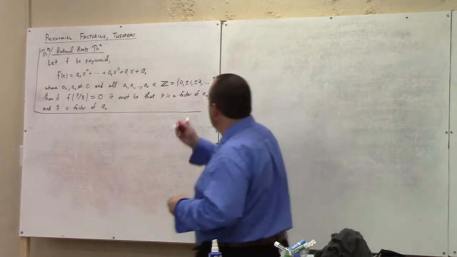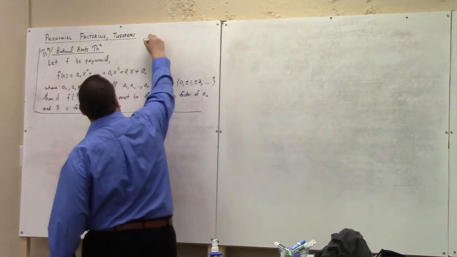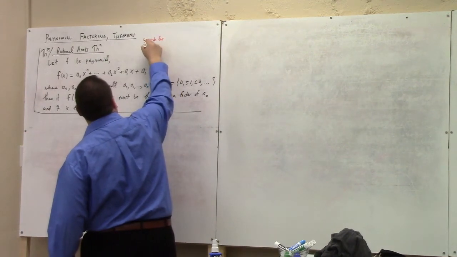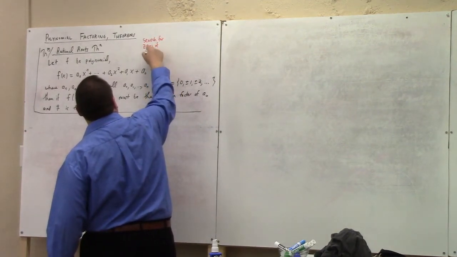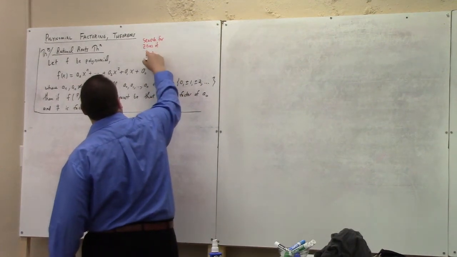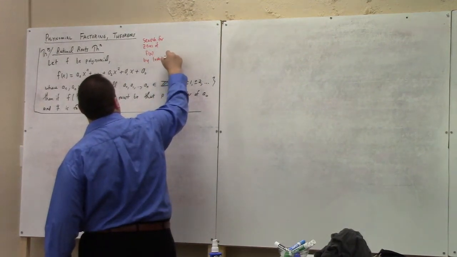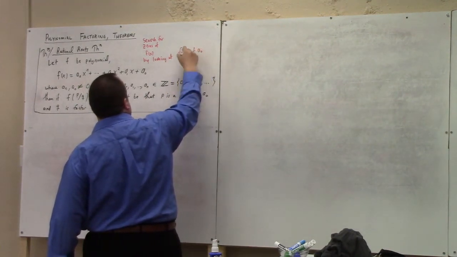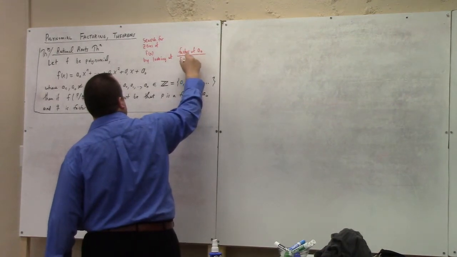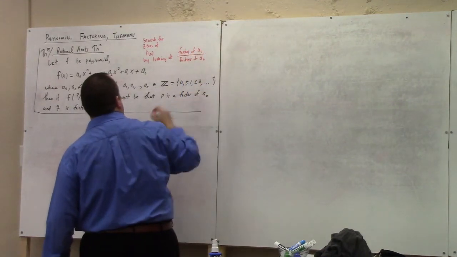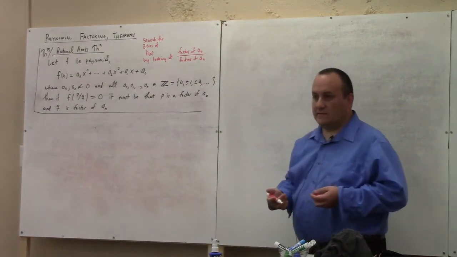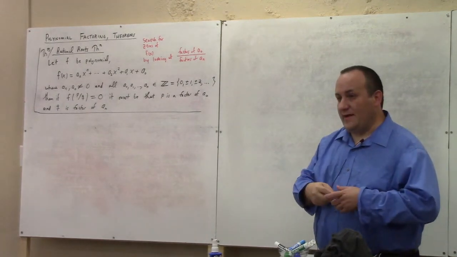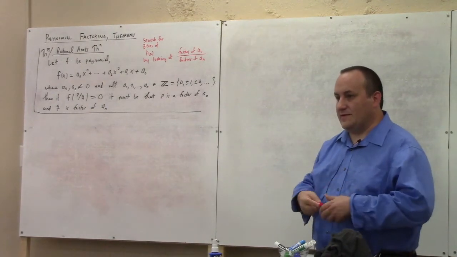So we can search for zeros of f of x by looking at factors of a sub 0 divided by factors of a sub n. That's basically the takeaway message here, right? Not just that, but if the polynomial has rational roots, then they have to be in here.